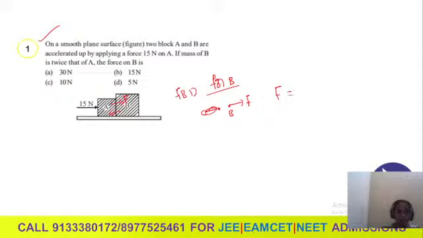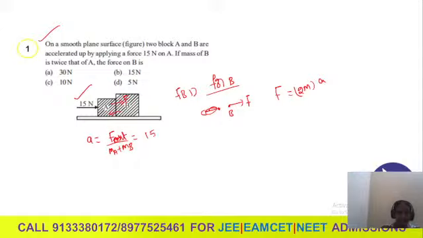And they are saying mass of block B is twice that of block A. So we can write 2m into A. Acceleration of the system will move as a common. Acceleration of the system will be F by mass of A plus mass of B. F is an applied force, meaning external force.